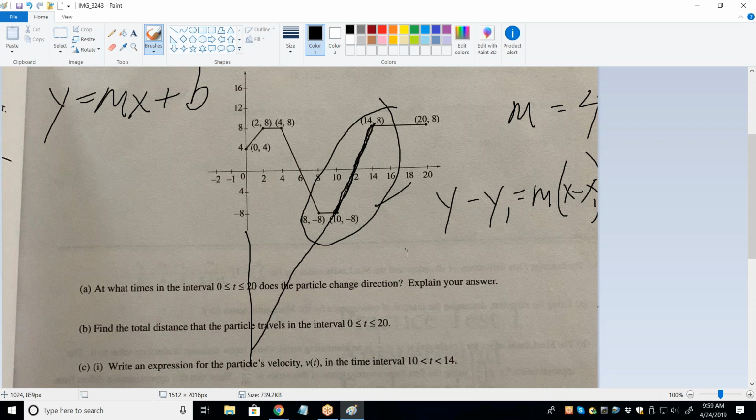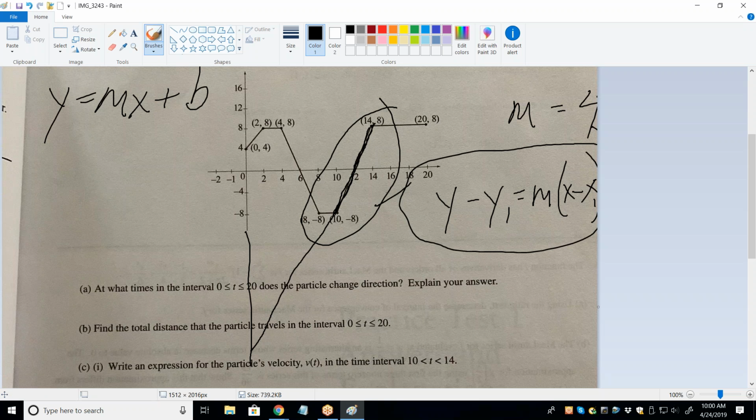I picked 14, 8. Okay, so what's the equation? Well, I moved the y1 to the other side after I did it. You don't need to do that, and it's not actually the format. This is the format. Believe it or not, you don't necessarily solve it for y.